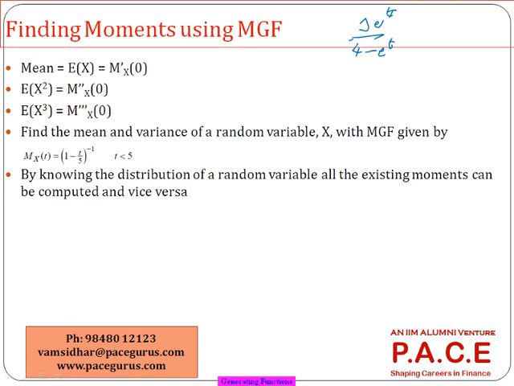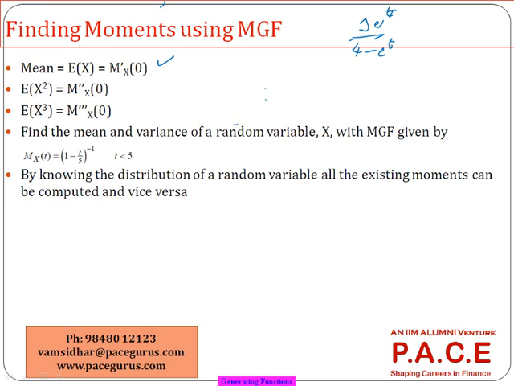Now when I want the mean, I take the derivative and then substitute t equal to 0. Derivative is much easier compared to integration, and for everything you can easily find the derivative compared to finding the integration. So from that aspect, it is better to look for a derivative rather than an integration. That's the advantage of a moment generating function.